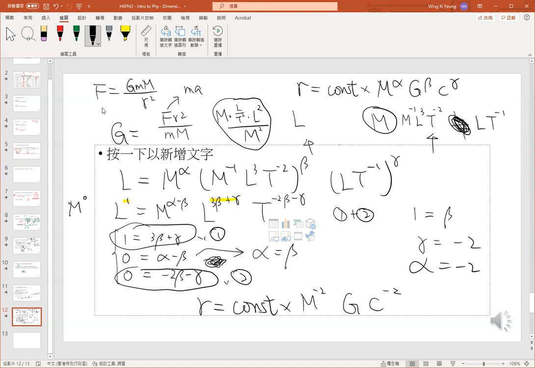But the format is not correct. So I think what I get is R is some constant, and then G over M squared.